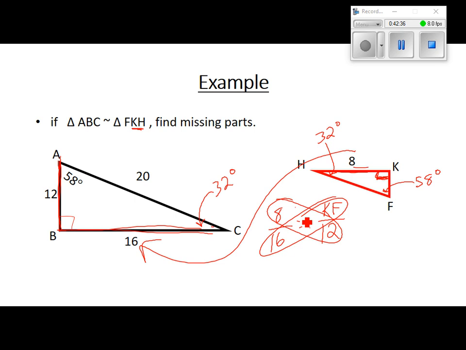You cross multiply, then what do you do with that number? Divide it. So we got 16 times KF. What's 8 times 12? 96. And then you're going to divide both sides by 16. How long is segment KF then? 6. Anybody else get 6?